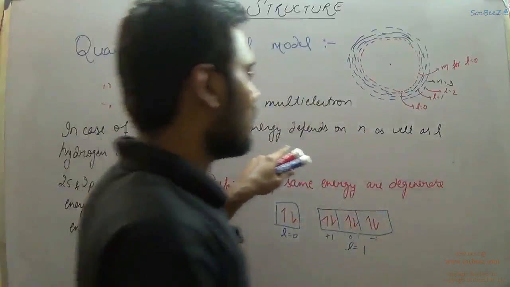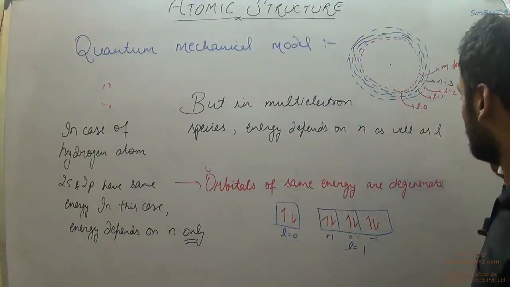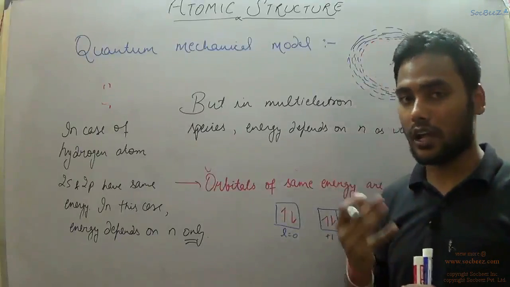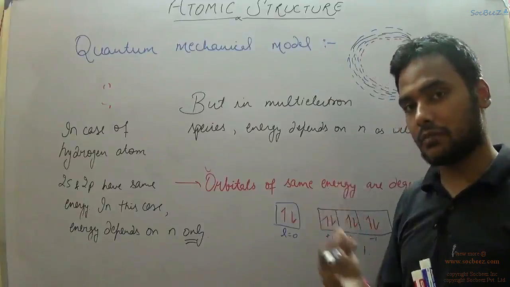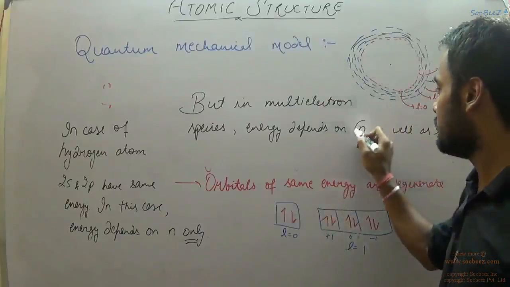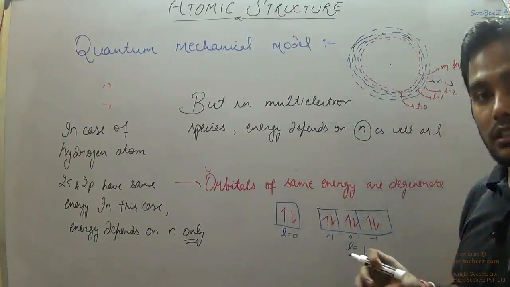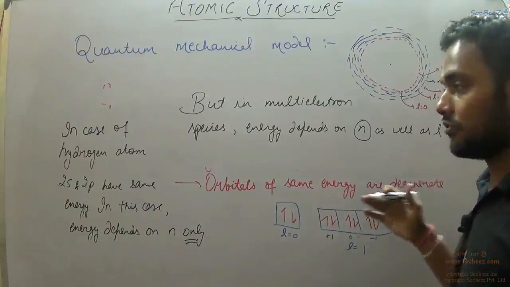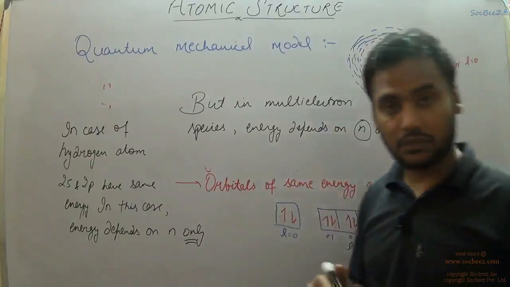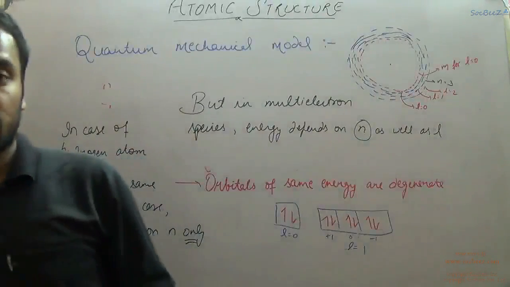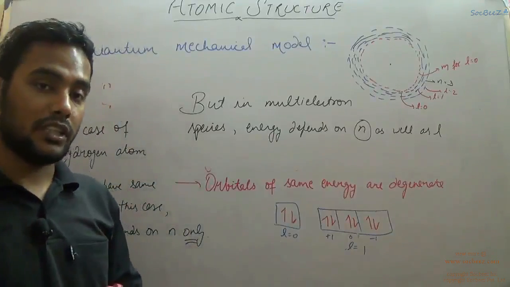Therefore, the energy is a function of the principal quantum number as well as the azimuthal quantum number, because the azimuthal quantum number tells you about the angular momentum of an electron, and since angular momentum of an electron also has some energy, although the major part of the energy will be represented with n, l also has some energy. So we'll see how the energy of one species is smaller and the energy of another is greater after some time. Now, let's discuss the shapes of the azimuthal quantum number that we discussed.